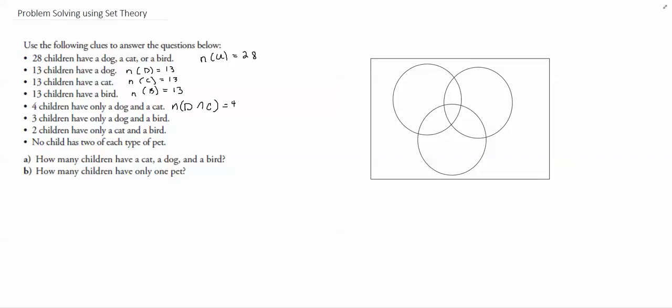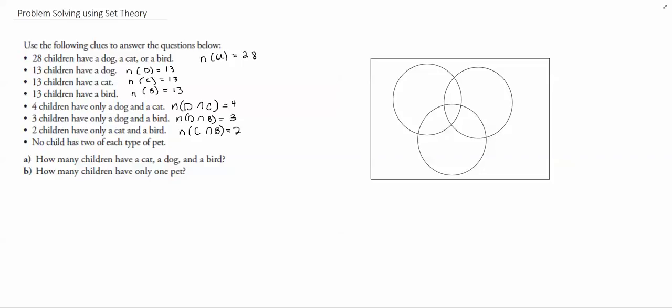Remember, and is the intersection, so we have the dog intersecting with the birds, and the number of children there is 3. 2 children have only a cat and a bird, so we now have the cat intersecting with the bird, that set, and there are 2. Here we are told no children has 2 of each type of pet. So that simplifies things. We don't have anyone doubling up.